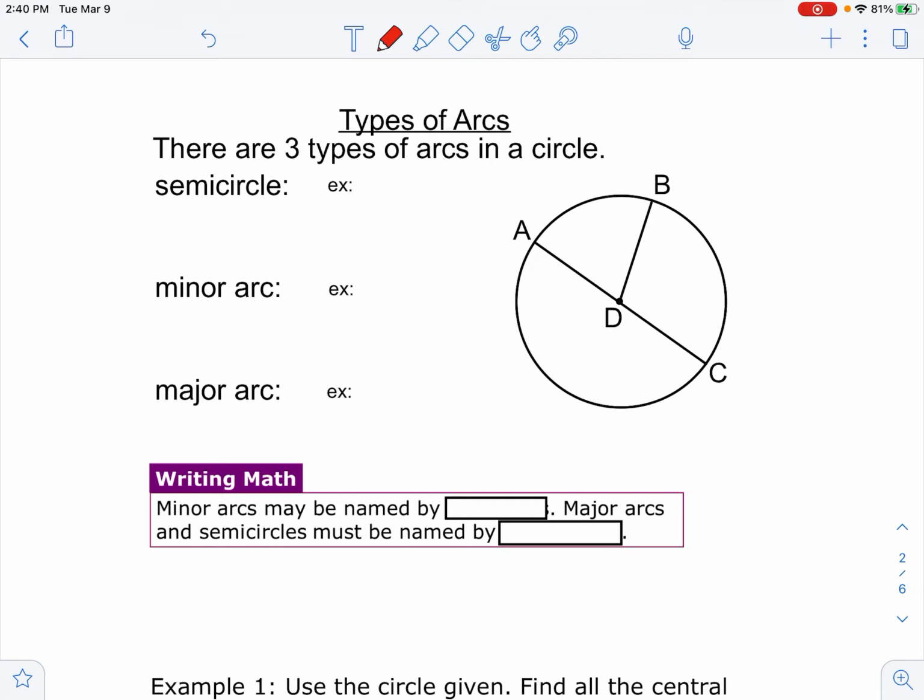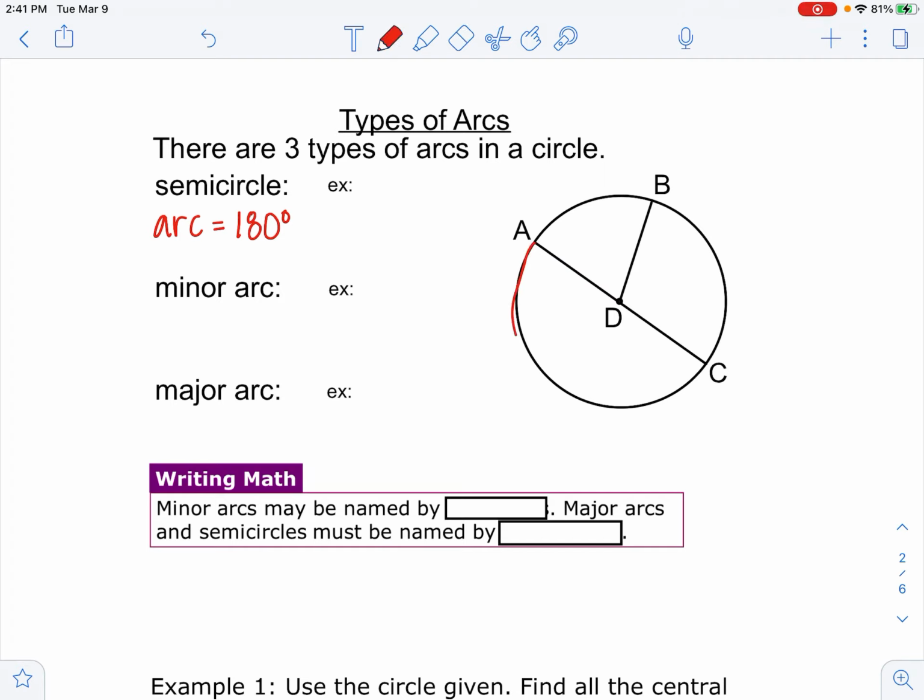Okay? All right. We have 3 types of arcs that we have to talk about. The first one is a semicircle. A semicircle is a type of arc, and it is an arc that is exactly 180 degrees, okay? So we're not looking at it as half a circle, meaning like this is a semicircle. That's not what we're talking about here.